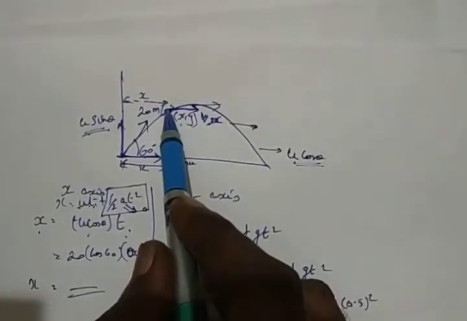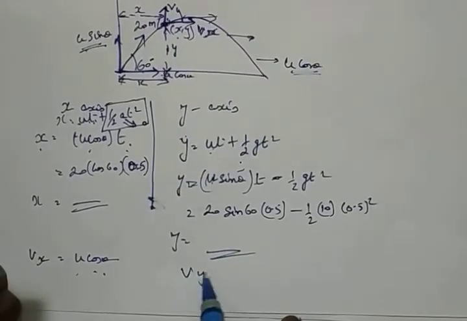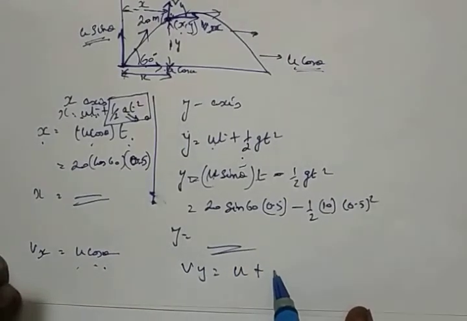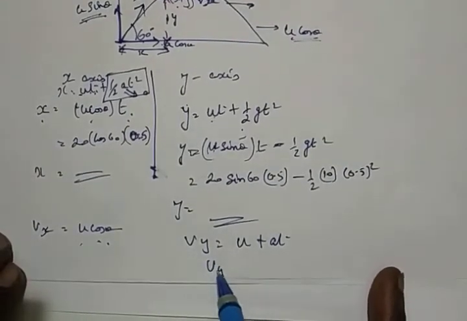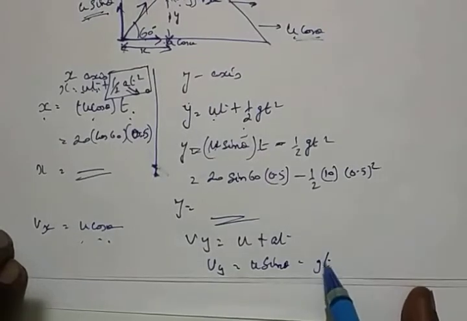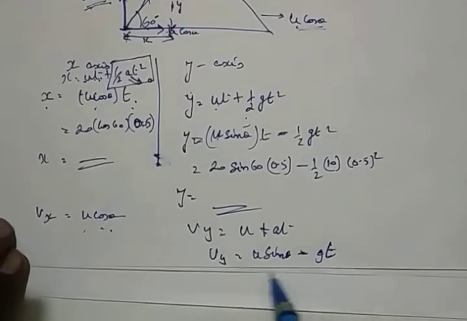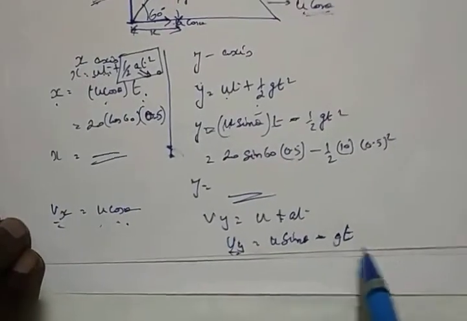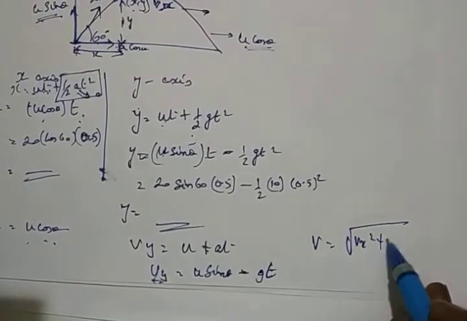And at this place, what is the velocity Vy? Vy is equal to u plus at, that is Vy is equal to u sine theta minus gt, because the acceleration is going up, it is minus, and time. So you will find Vx, find Vy, and then you need to find V is equal to the under root of Vx square plus Vy square.